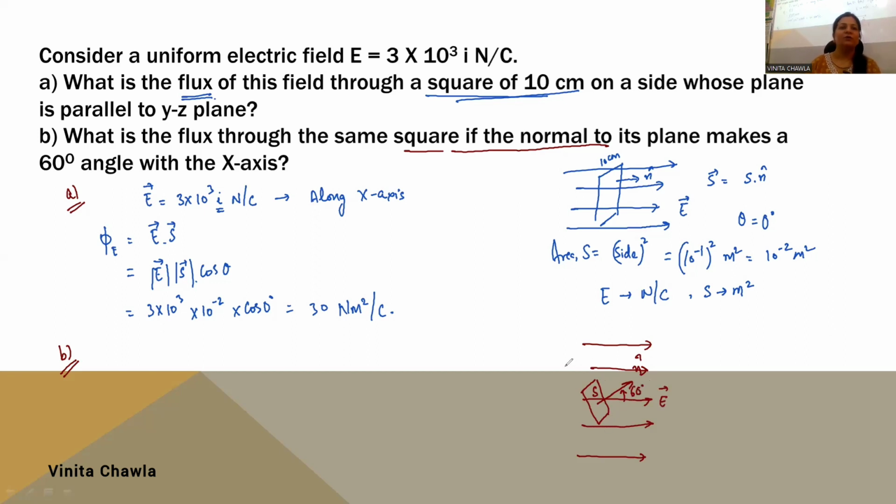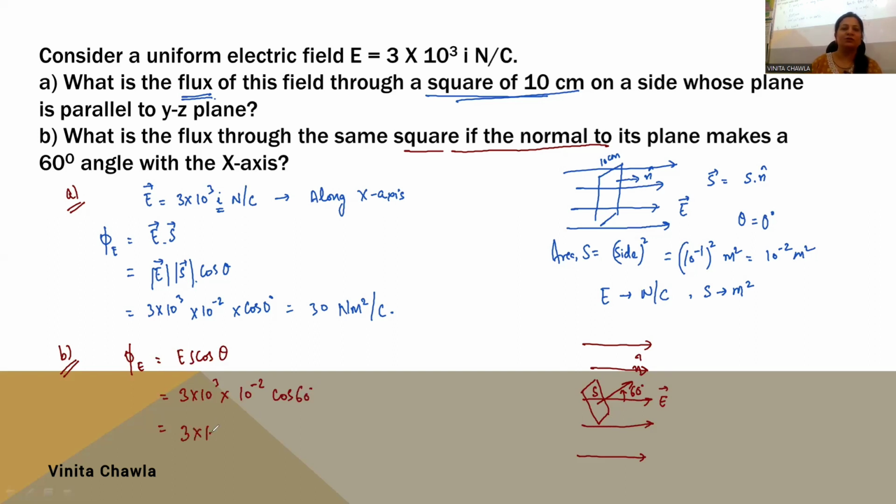Find electric flux. Electric flux phi E is again E S cos theta. You simply have to put the values here. E is electric field intensity, its value is given. S is area, it is 10 to the power minus 2. And cos 60 degree, which is equal to sin 30 degree, is 1 by 2.